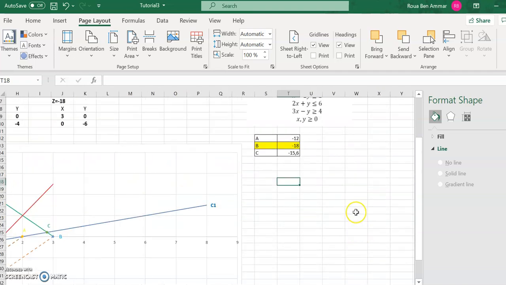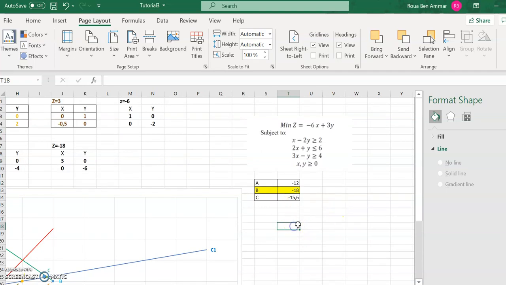So we try to see if we plug in the optimal solution here, whether the left-hand side would be equal to the right-hand side.